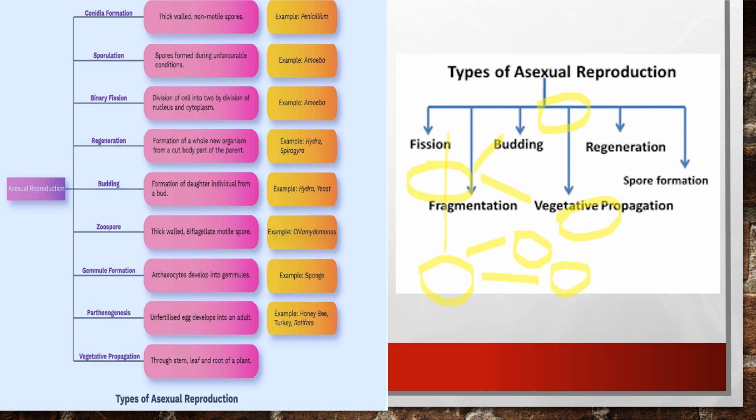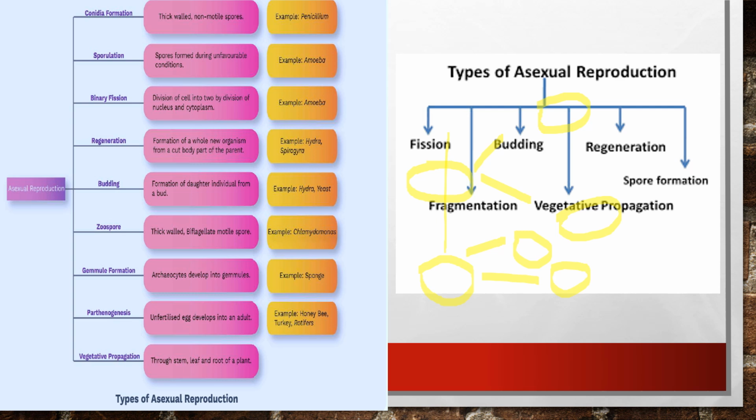Next is fragmentation. Fragmentation is a type of asexual reproduction where the parent body fragments into small pieces, and each piece regenerates to form a new organism.